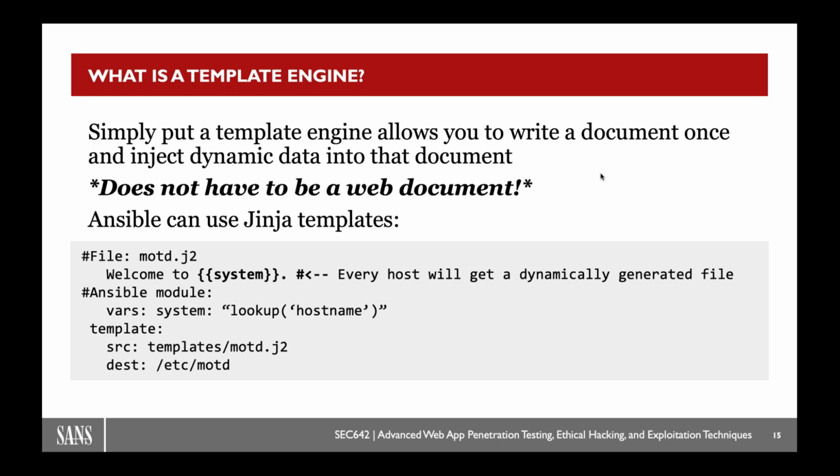If you logged into the file server and the file server's hostname is file server, then it would say, welcome to file server. And so you have this one file that you can use across a fleet of systems, right? So that's what a templating engine can do, whether it's a web page or not, right? That's the idea. And you can see how useful this is.